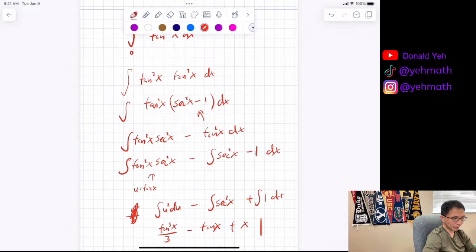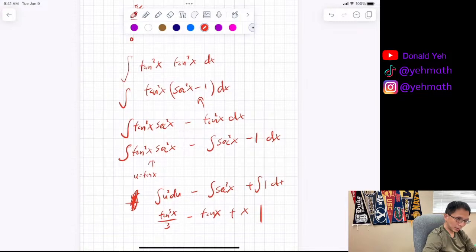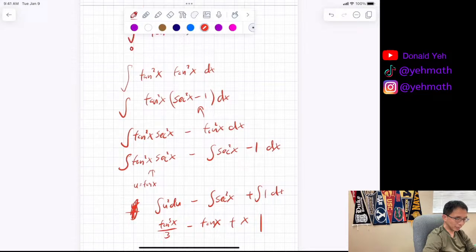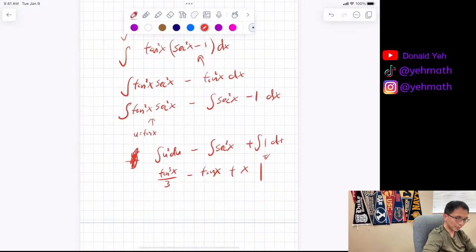Wait, hold on a second. Do you think it'd be better if you kept one integral? I'll just do it in terms of x because I already plugged in the x. Tangent of pi over 4 is 1.